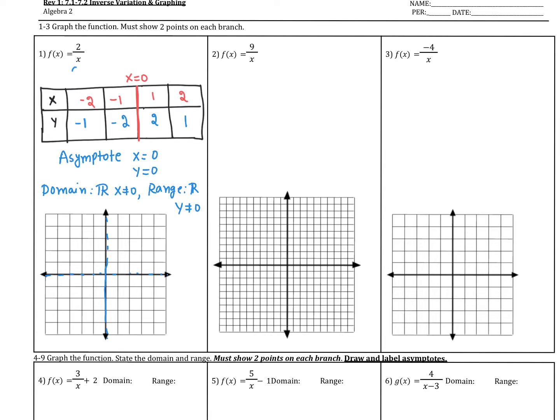Plot the points -2, -1, -1, 2, and the graph of this one should be this curve, 1, 2, 2, 1, and they're going to be a graph. So the final graph of 2 over x is this one.